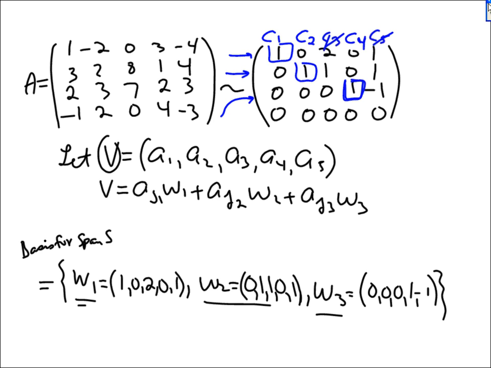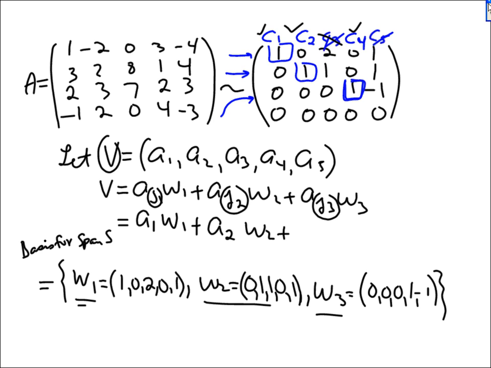Well, the j1, j2 and j3 in numerical order are the columns that had a leading 1. Column 1 had a leading 1, so I write a1. Column 2 had a leading 1, so I write a2. Column 3 did not have a leading 1, but column 4 did, so I write down a4.